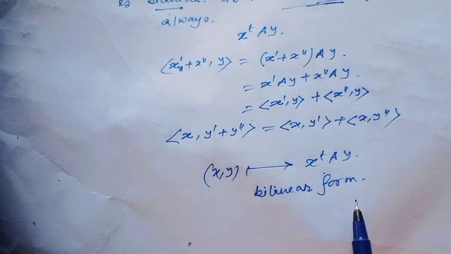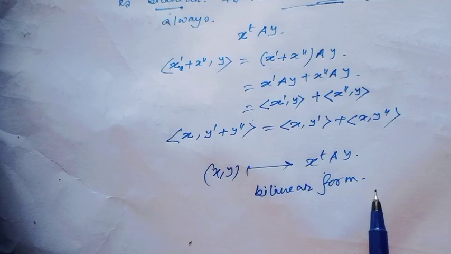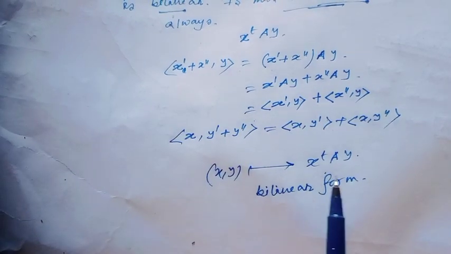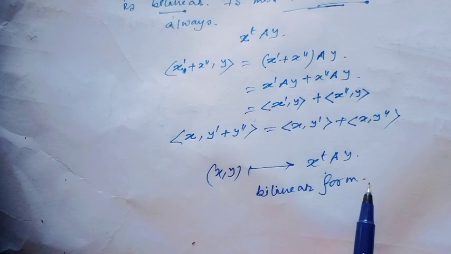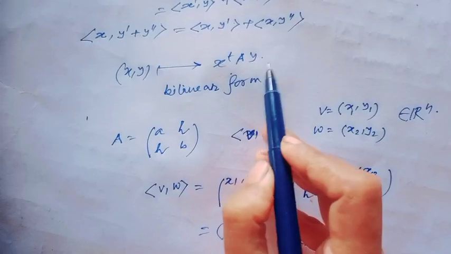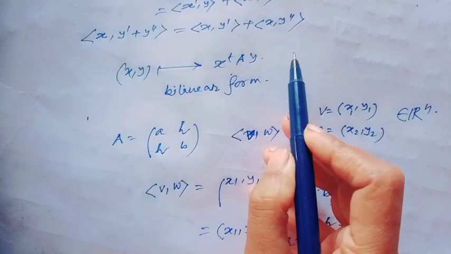But my question, is this an inner product always? When xy maps to x transpose Ay, is this an inner product always? For this, recall x transpose Ay is actually the definition of quadratic form.